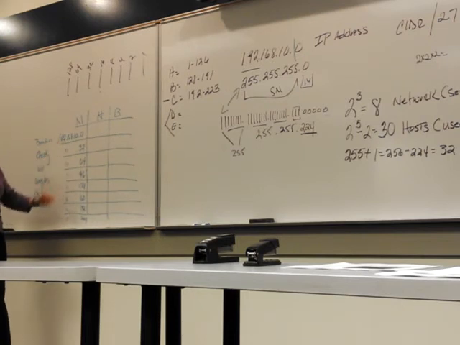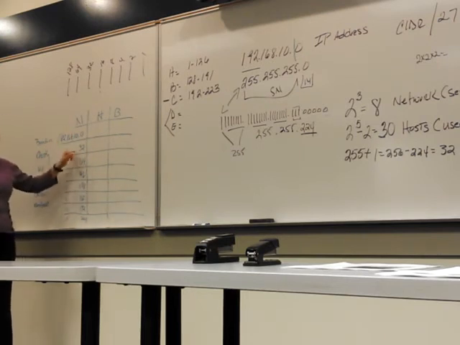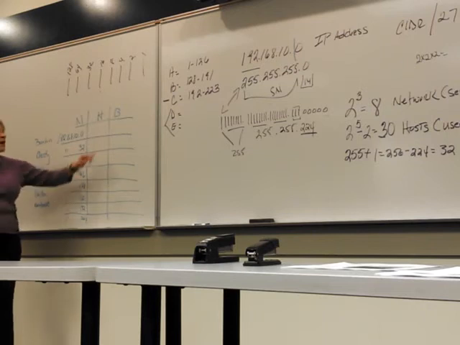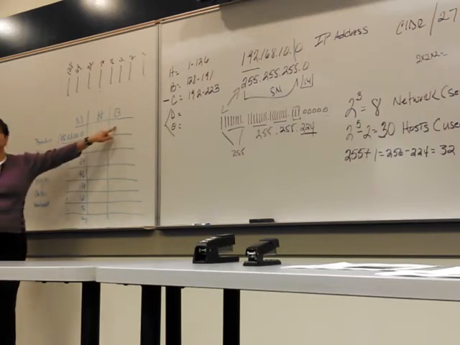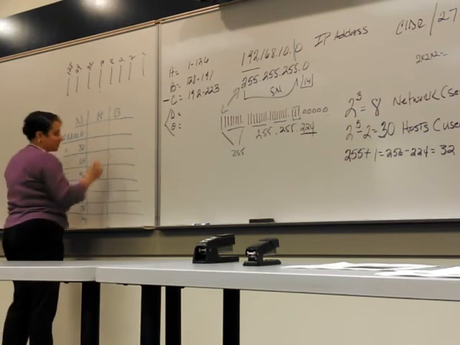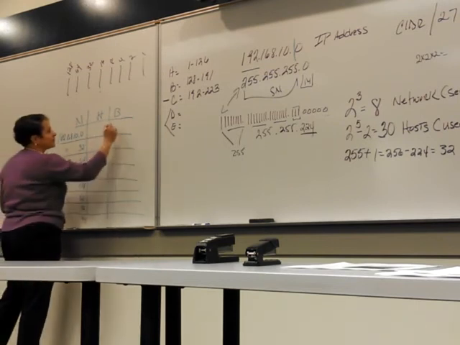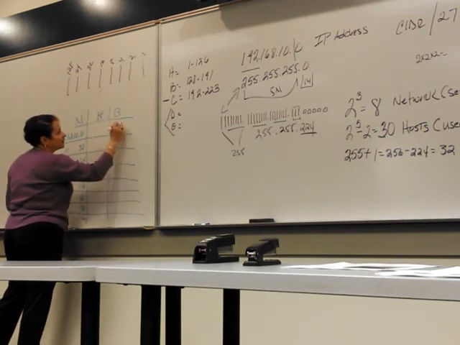So I come over here, I got my networks. If my first network is 0, and my second network is 32, my broadcast needs to be 1 less than my second network. So what's my first broadcast? It's one from every other. Exactly. So that's going to be 31.